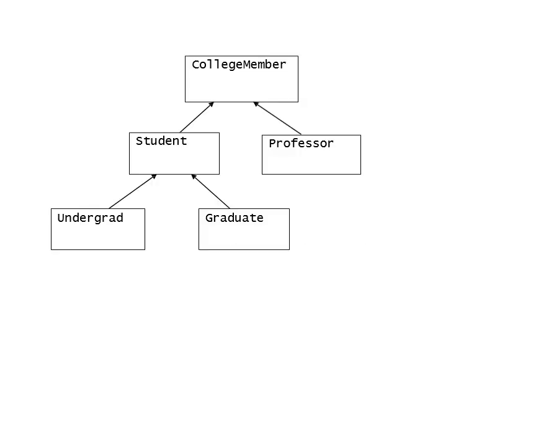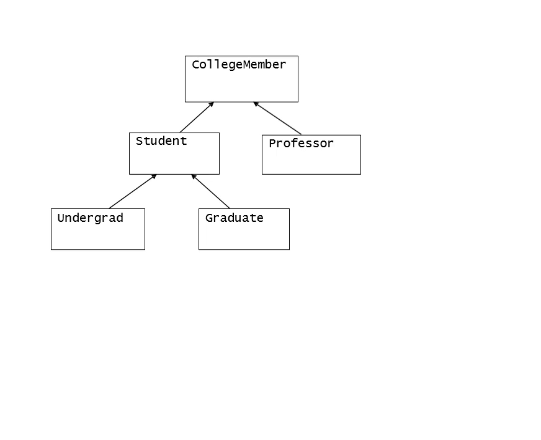All right, so here's an example of a hierarchy that you might find in the real world. For example, in a college, you have undergraduate students and you have graduate students. So those are two categories of students. And you also have professors, right?